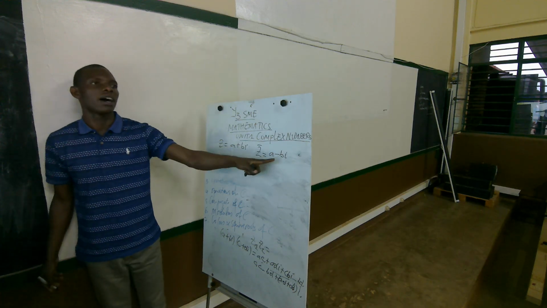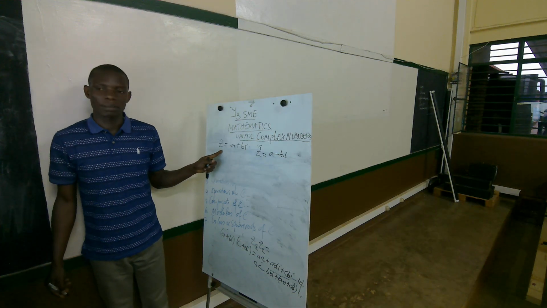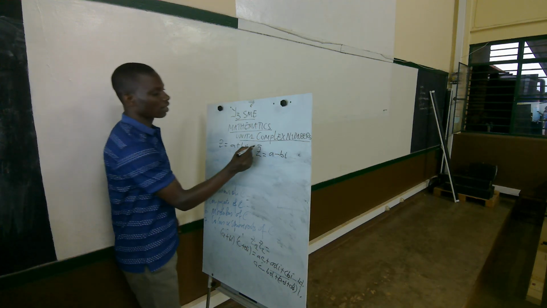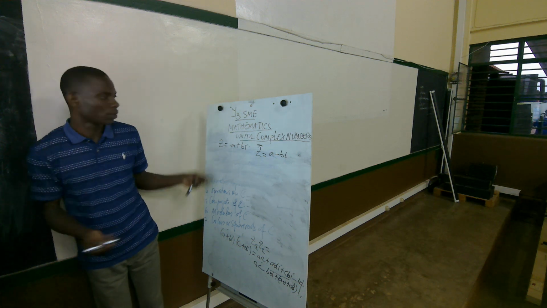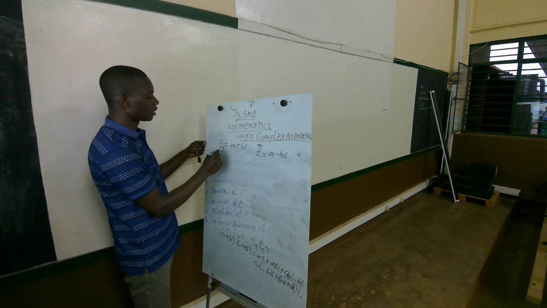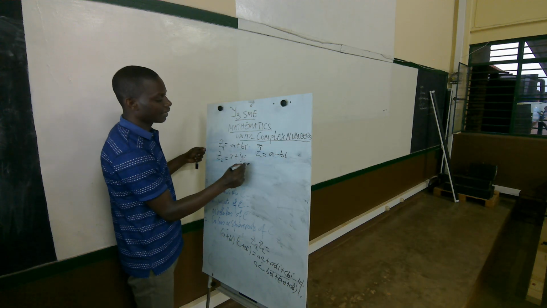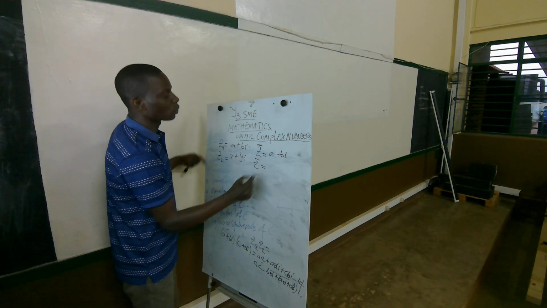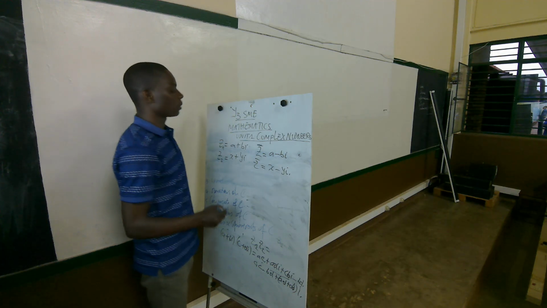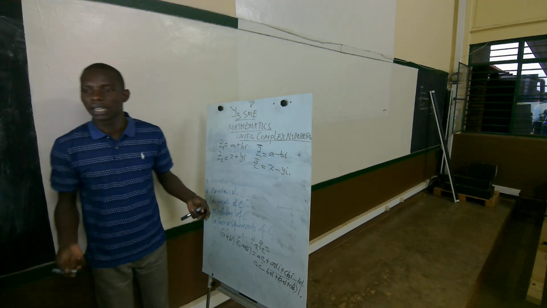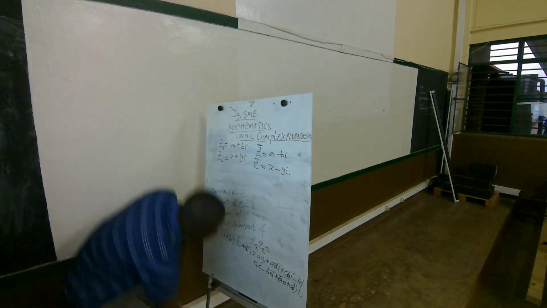This is the conjugate of the complex number z. For example, if z equals x plus yi, its conjugate will be equal to x minus yi. So this is just to remind you about the conjugates of complex numbers.